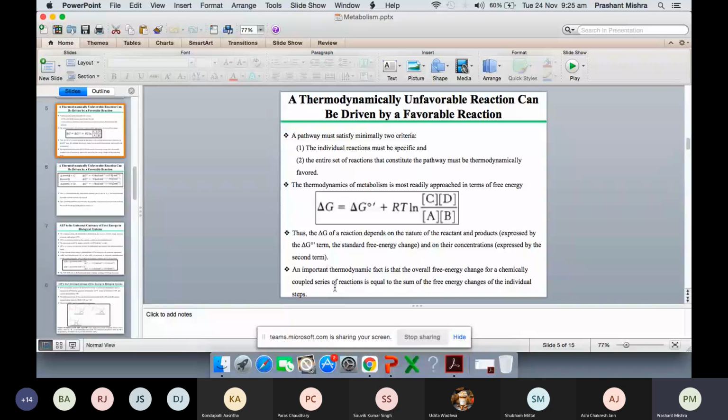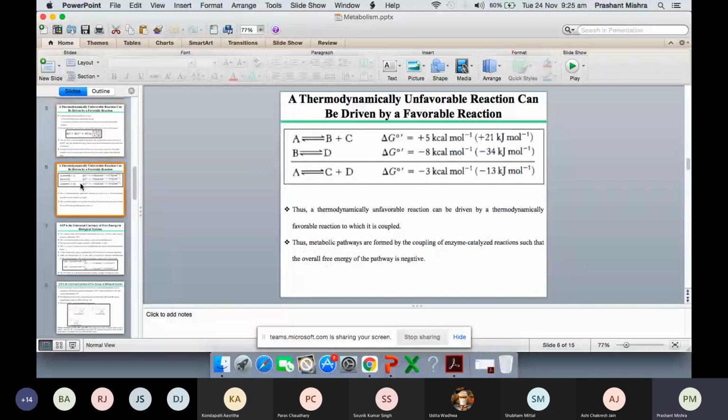So an important thermodynamic fact is that the overall free energy change for a chemically coupled series of reactions is equal to the sum of the free energy changes of the individual steps. This concept I'm going to discuss in the next slide. Here, what it means is that suppose you have a first reaction, which is A converting into B plus C, and a second reaction where B is converting into D. The first reaction has a positive delta G. Now, this reaction should not be feasible.